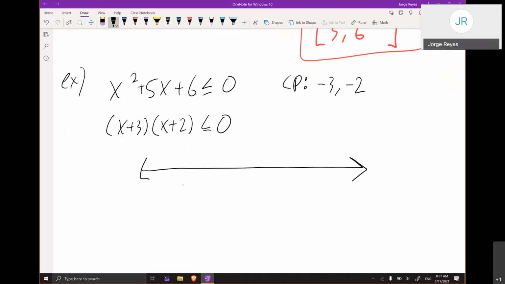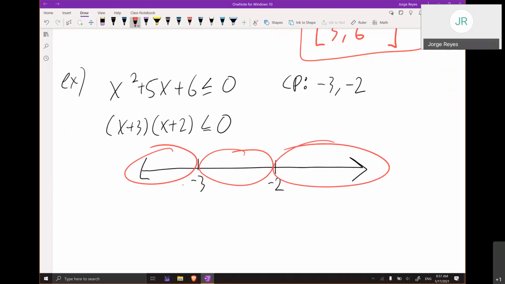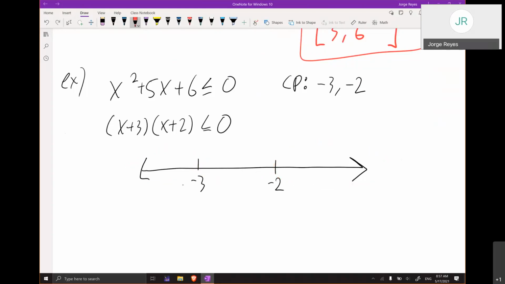So I'm going to put the critical points on a number line. And I need to check where's the answer. Is the answer here, here, or here? There are 3 places the answer could be, because the critical points split the number line into 3 parts. And what you do is you just plug in test points.